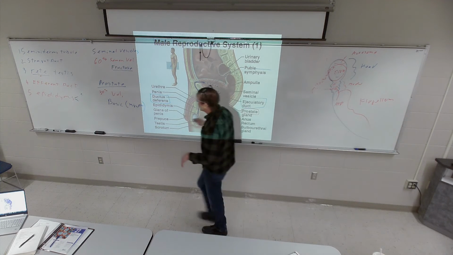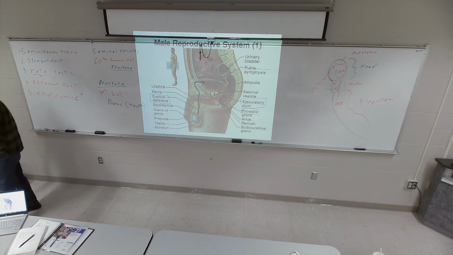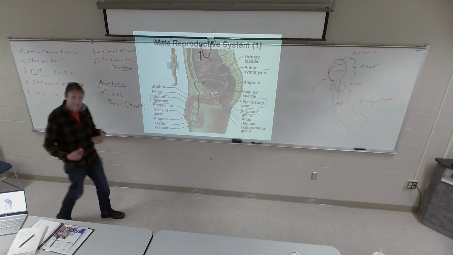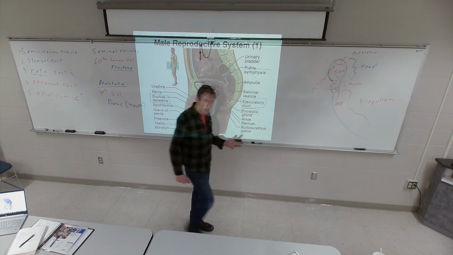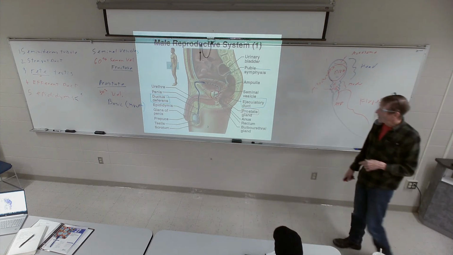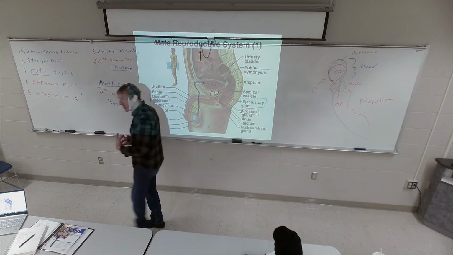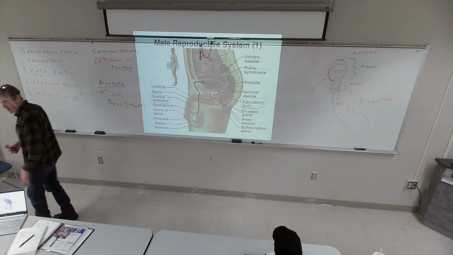So to protect the sperm, it's possible that this basic secretion from the prostate helps neutralize the acidic pH in the female reproductive tract, so the sperm aren't dead.